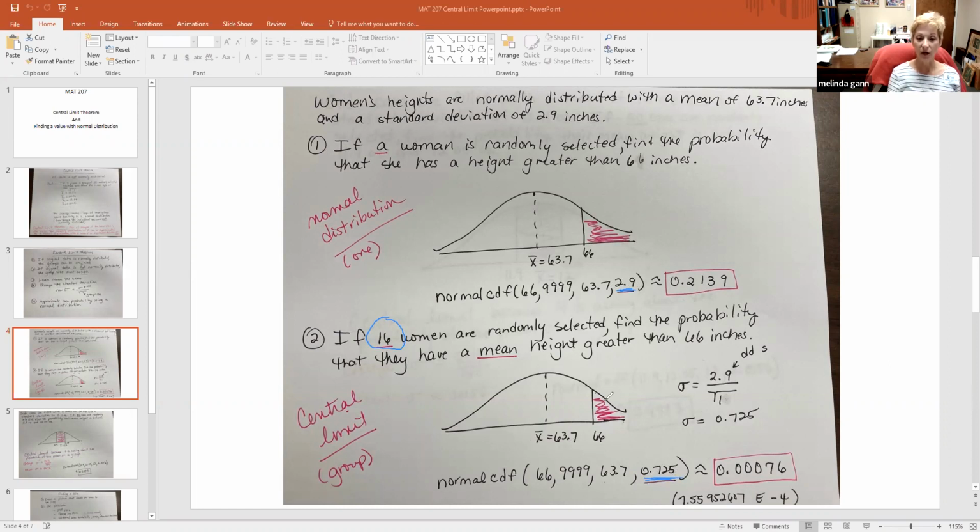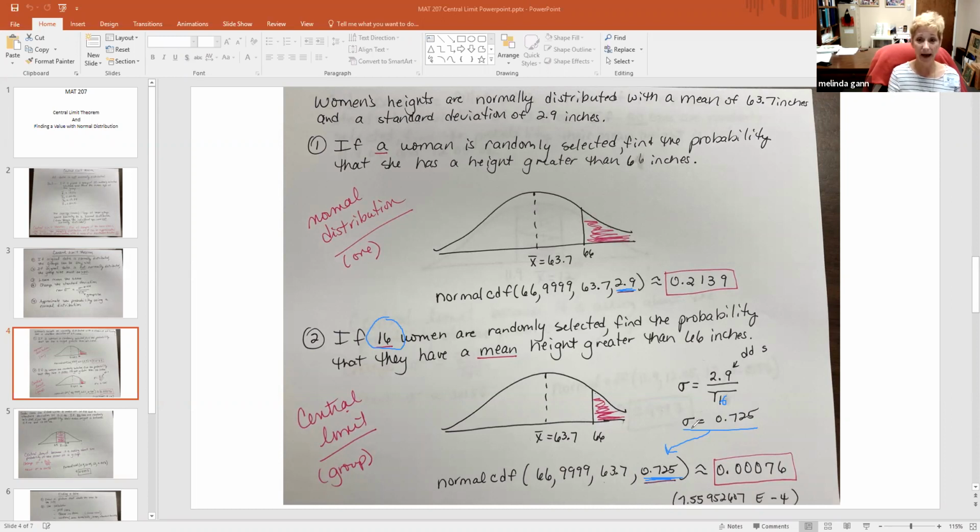So when it's central limit, you take your old standard deviation, and you divide by the square root of that sample size and you use that new standard deviation. So other than that one fix, it's just like the normal curve problems you were working in class on Thursday. Okay, so that's the one extra step. The one extra step is that you have to change your standard deviation.